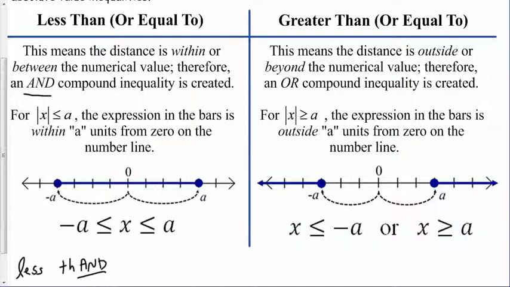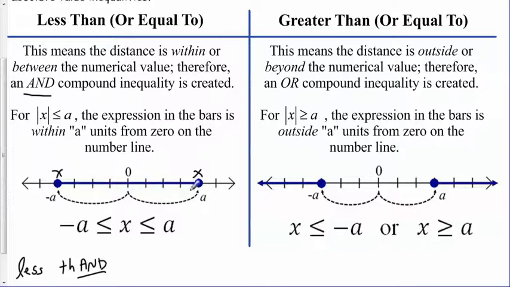So if we just look at what it means for a compound inequality, if I have the absolute value of x is less than or equal to a, that means my expression x is within, because it's less than a, it is within a units of 0 on the number line. So here's 0 on the number line. X is located within a units. So it's located within, so between those two values.